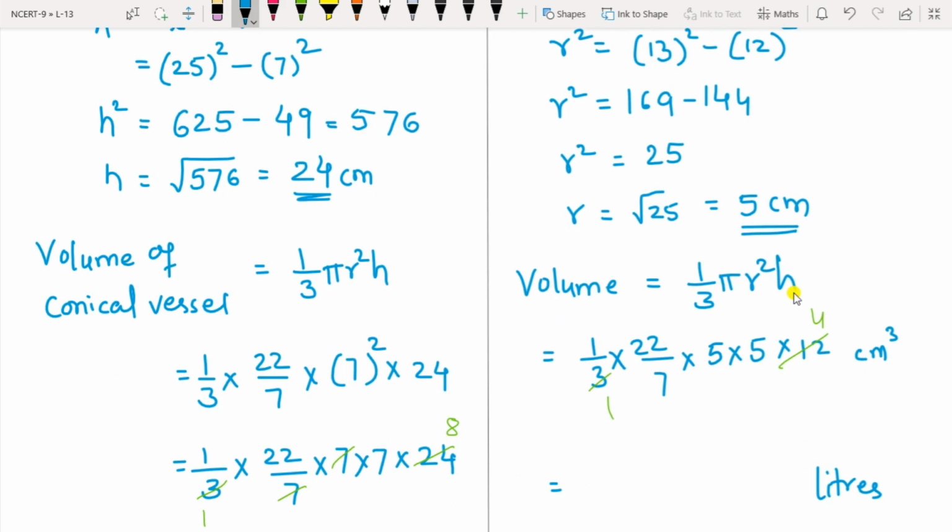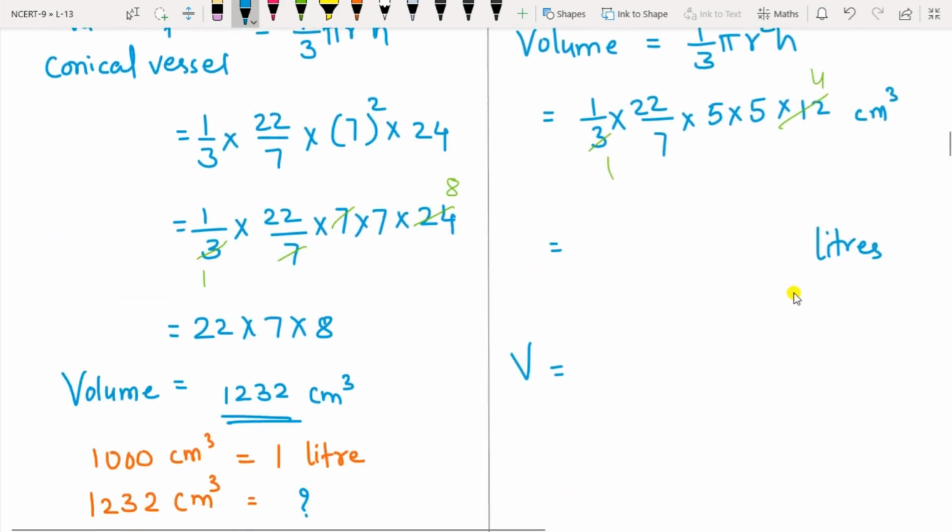Therefore volume equals 1 by 3 pi r square h. R is 5 and h is 12. Now do the cancellation. 3 ones are 3, 3 fours are 12. So the remaining numbers are 22 into 5 into 5 into 4 by 7.